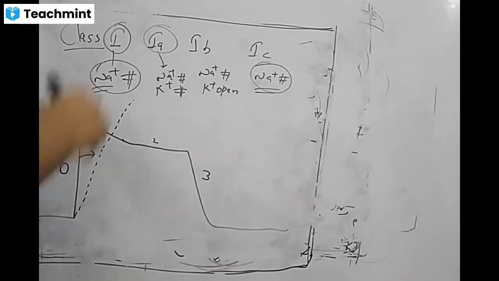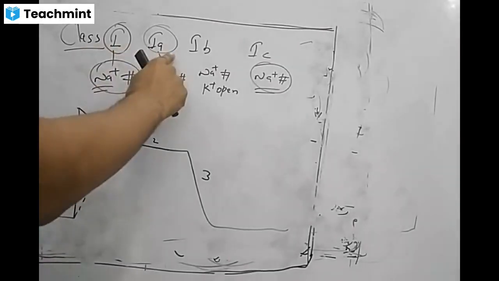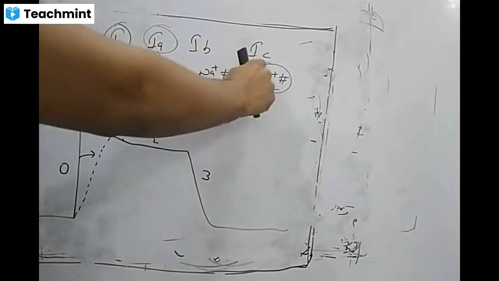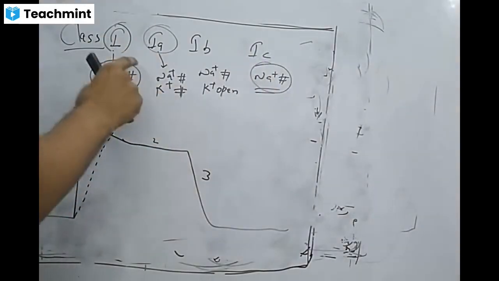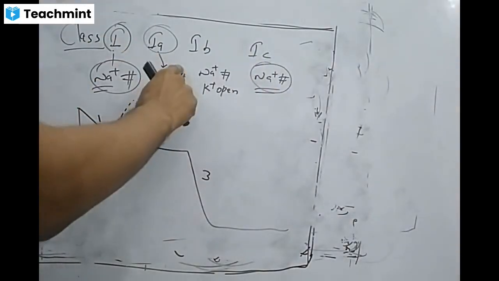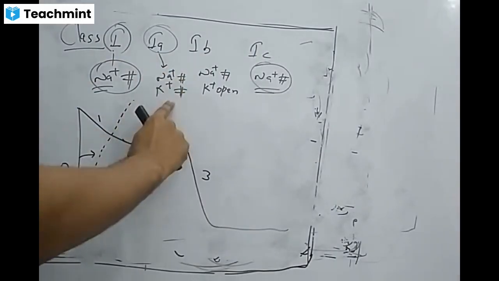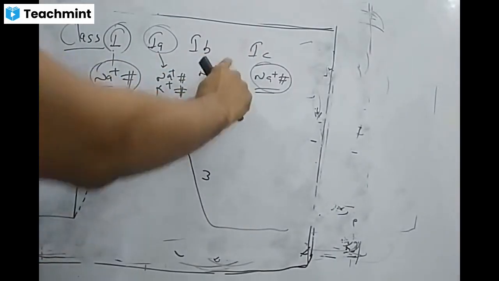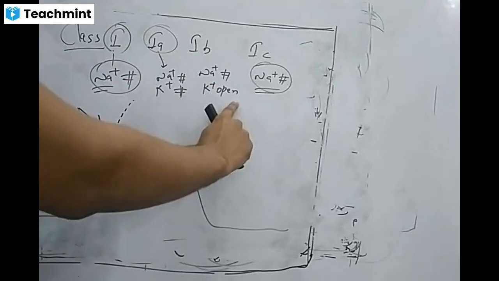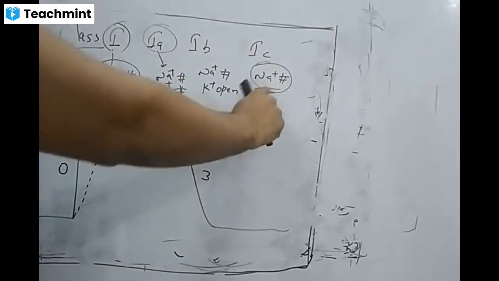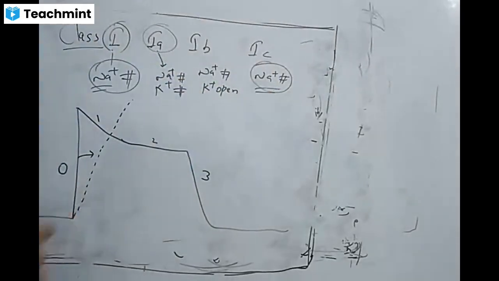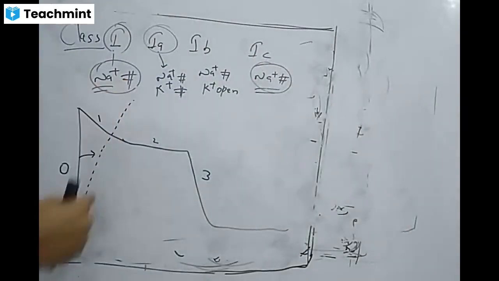Okay. So class 1A, 1B and 1C. 1 means sodium blocker, 1A sodium blocker as well as potassium blocker, 1B sodium blocker and potassium opener, and 1C is only a sodium channel blocker. So the effect of sodium blocking is on depolarization.